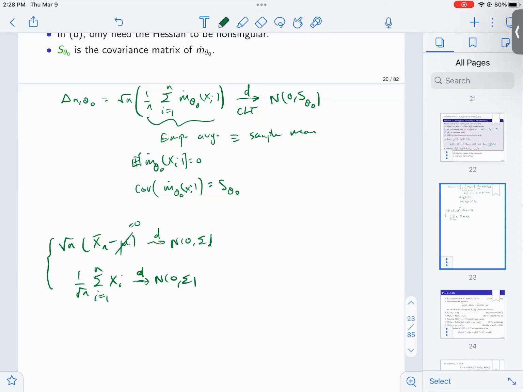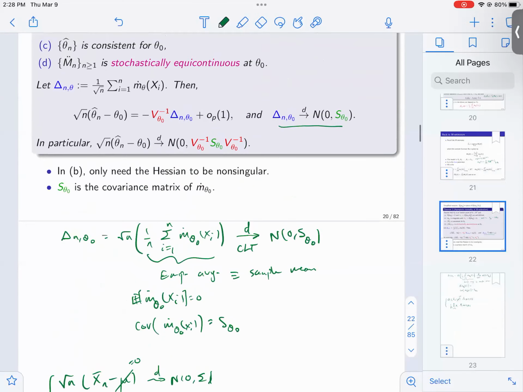Sounds good. So if I manage to prove this, then this part is fine. In particular, there's a second conclusion, which is saying that this deviation is converging in distribution to this quantity. And this is also easy once you have that expansion. So why is the second conclusion, or the third conclusion, true? Assume that we have shown this.